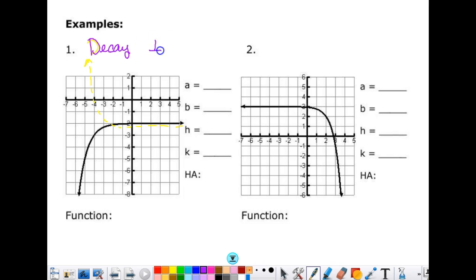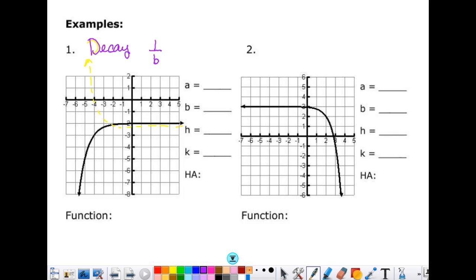Okay, and we know with decay we're going to use 1 over B, so we might want to make ourselves a note. Another thing you can do, I was telling first period about it, is you can get a paper clip from me, and stretch out the paper clip in a little curved fashion, and then on your paper, you could line up your paper clip, and then flip it up and see, oh, that was decay or that was growth.